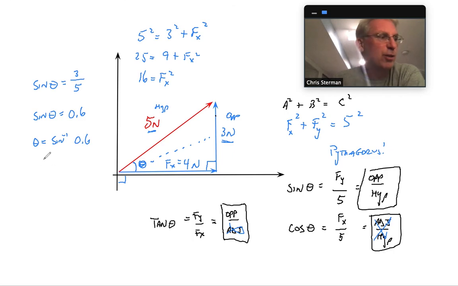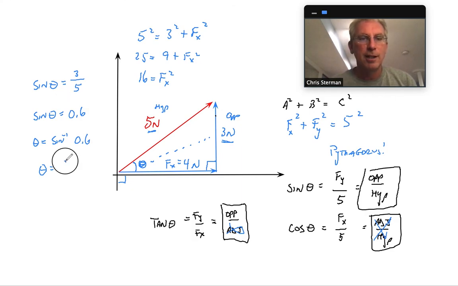And now you're going to take your calculator and figure out if sine of theta, if theta is equal to the arc sine of 0.6, you're just going to plug that in your handy dandy machine here and say 0.6 arc sine, and I'm going to get 36.8 degrees, which I'm going to round and say 37 degrees. Okay, so that's an introduction.